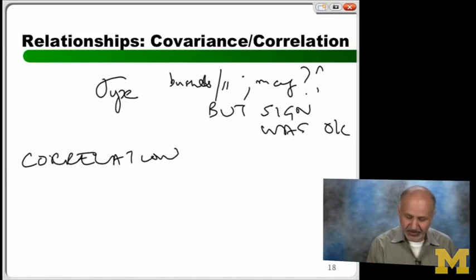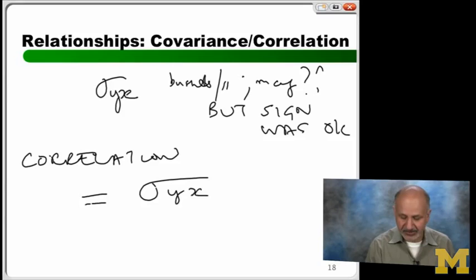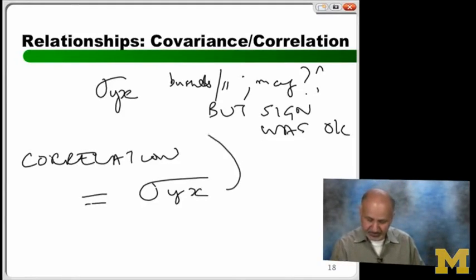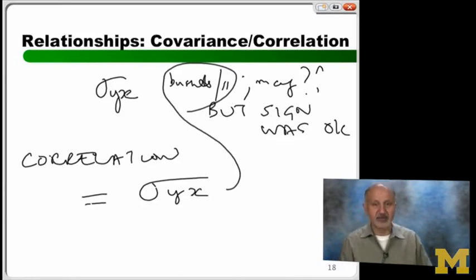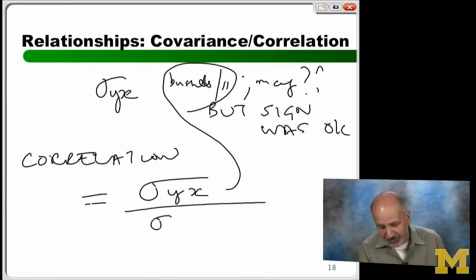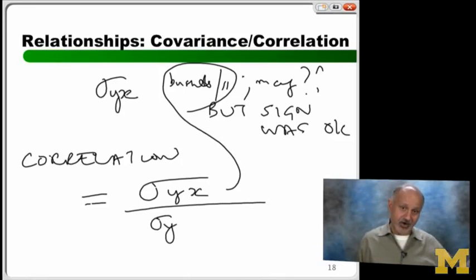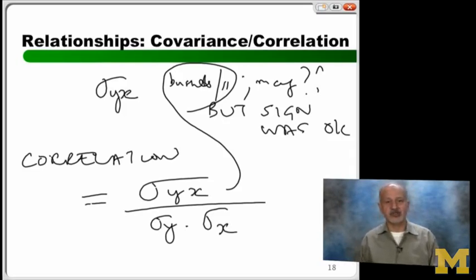And what is correlation? Correlation simply takes sigma yx. Remember, what are the units? And then standardizes it by sigma y, which is the standard deviation of y. We know how to measure it. And sigma x. What does this do?